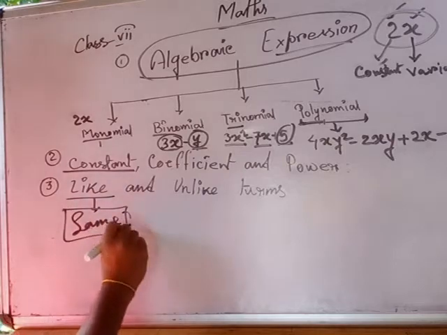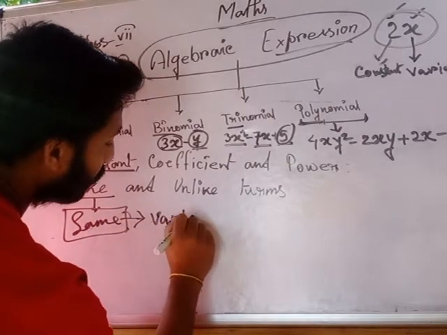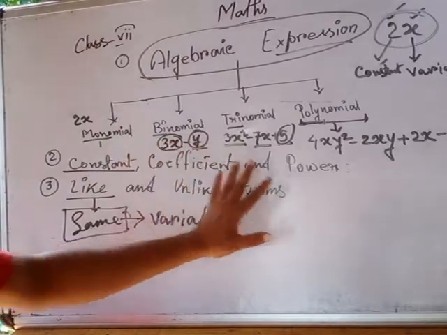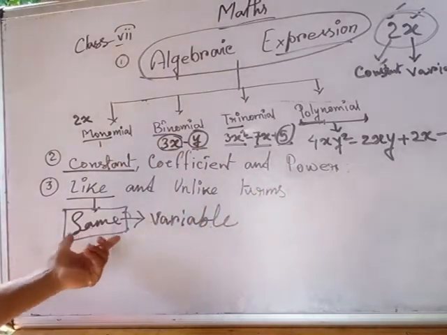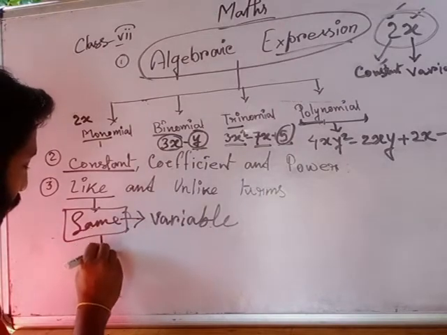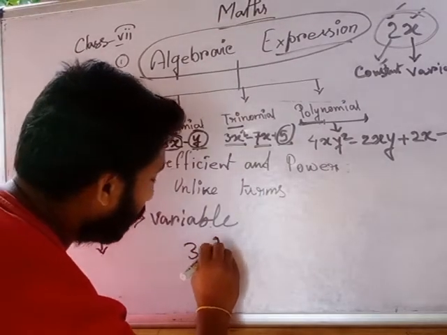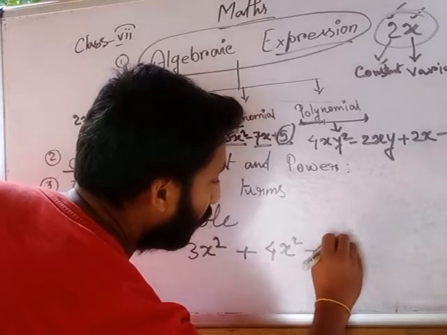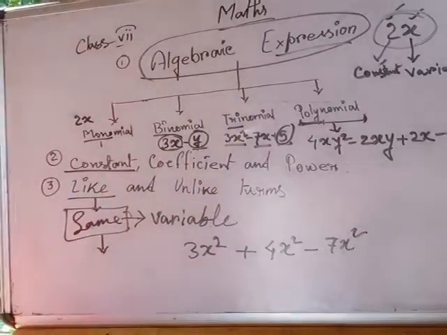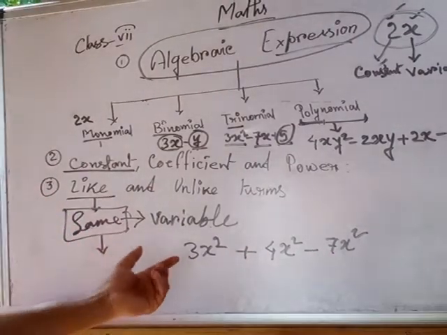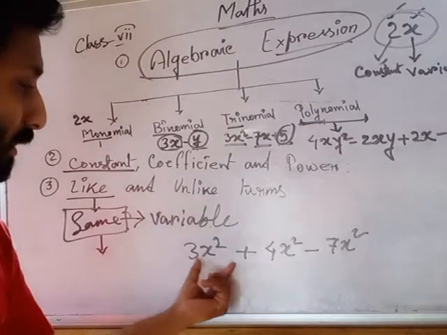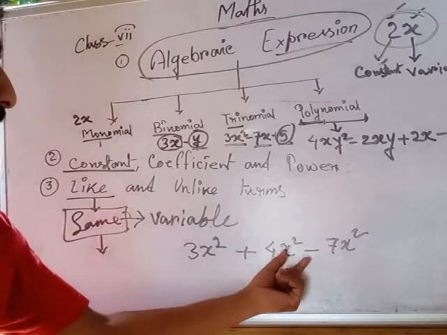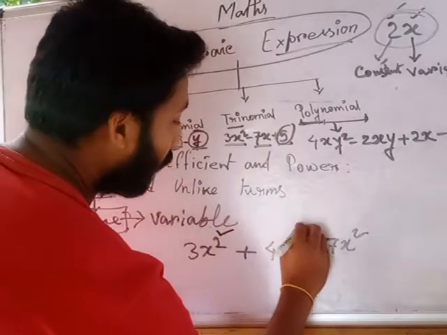If the terms have the same variables, suppose from these trinomial terms, the variable x is the same in all of these terms, and also the degree is the same, 2 here, 2 here and 2 here.